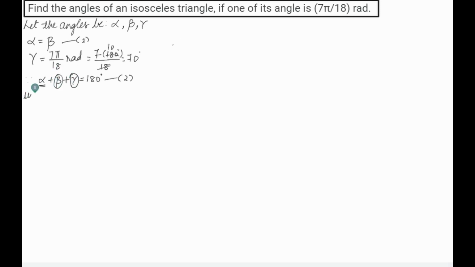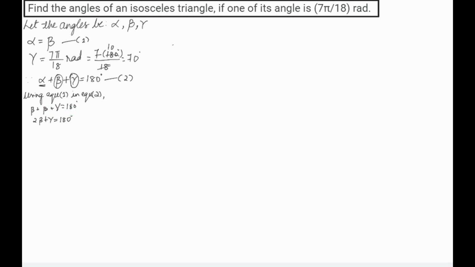Using equation 2 in equation 1, we get beta plus beta plus gamma is equal to 180 degrees, which is 2 beta plus gamma is equal to 180 degrees.